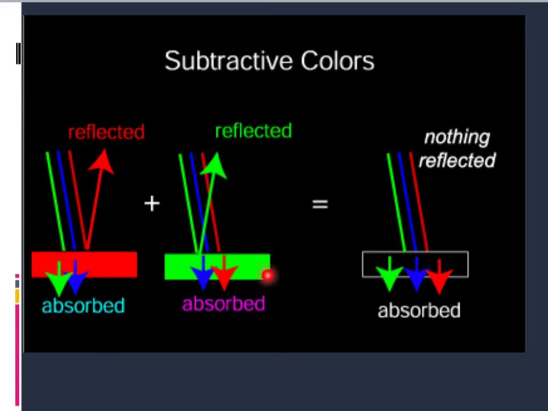Leaves and chlorophyll absorb all the colors except green light, so green is reflected off, and that's what we see. If you took these two and mixed them, this one absorbs red light and this one absorbs green light, and they both absorb blue. So if you mix those two, you get black, because now they absorb all the colors. This is how all the subtractive colors work. You will get a chance to practice this in class.